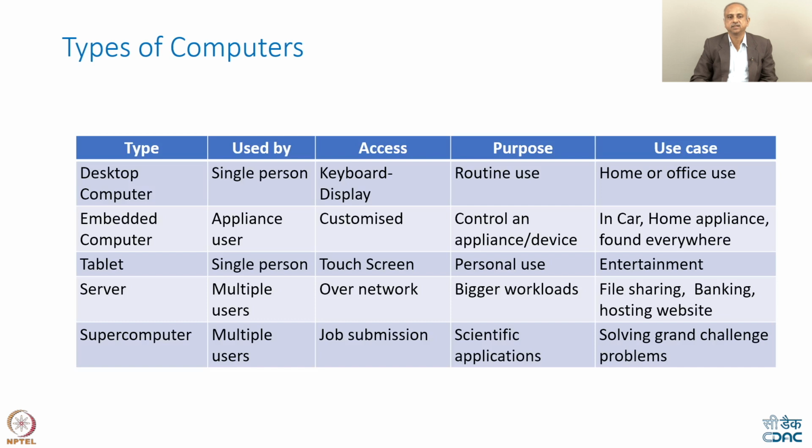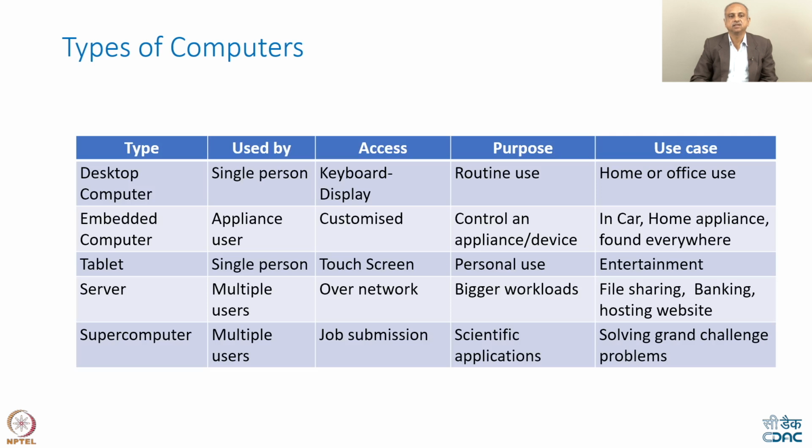or reading books, etc. Then, more powerful than a desktop computer is a server, which allows multiple users over the network to use it, and it is suited for bigger workloads. The typical use of such a server is sharing of files, hosting websites, or a banking system can use such a server.